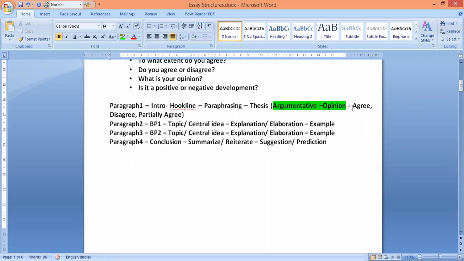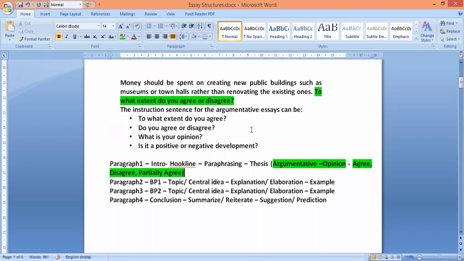And whatever opinion you give, you have to stick to it. If in the introduction you say I completely agree, now you have to only support the essay question. If you say I completely agree, you have to write both the BPs about that money should be spent on creating, not on new buildings, not on the old buildings, if you completely agree with this question.